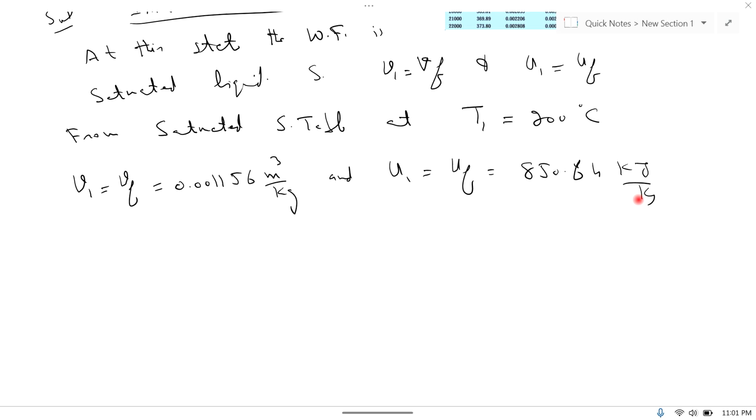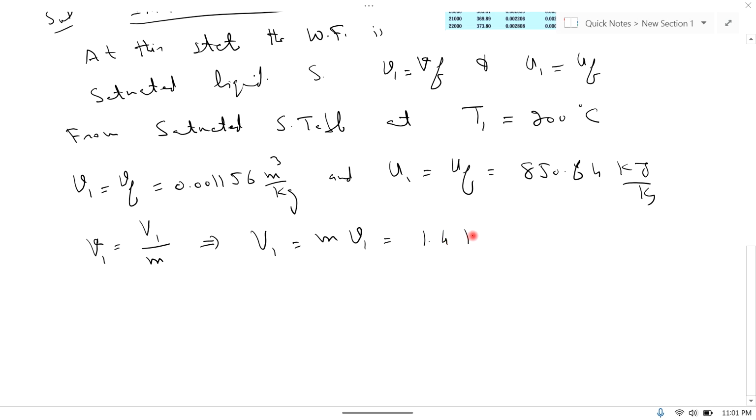Now after heat transfer, the volume becomes 4 times. Now we can find total volume. We know that specific volume is equal to total volume divided by mass. Rearranging, total volume is mass multiplied by specific volume.